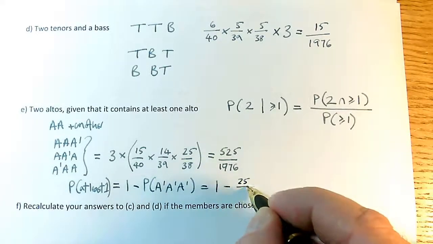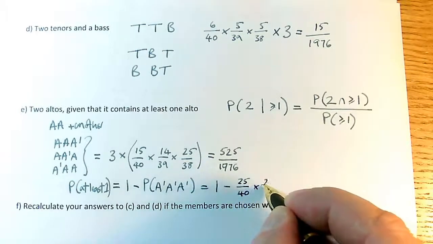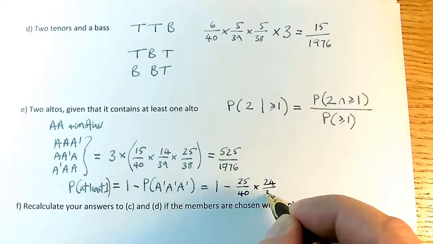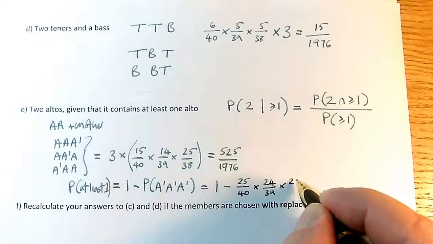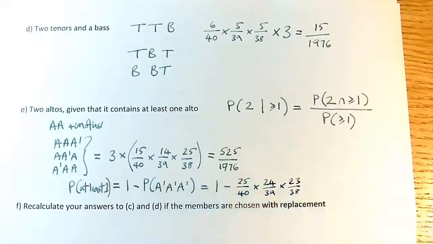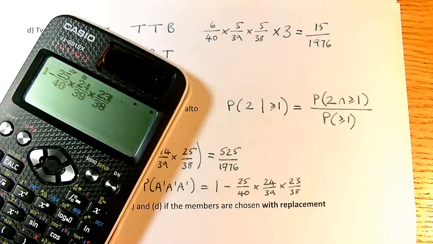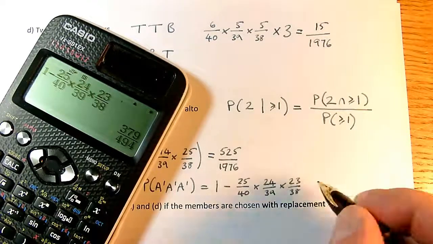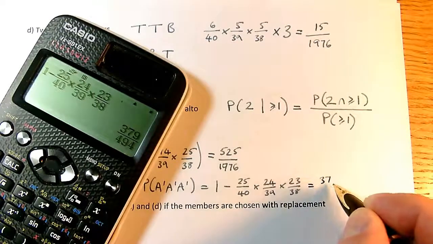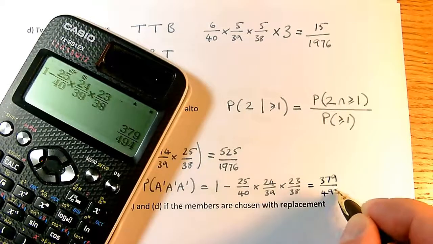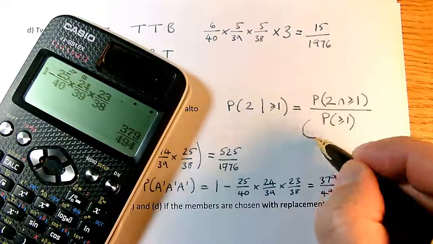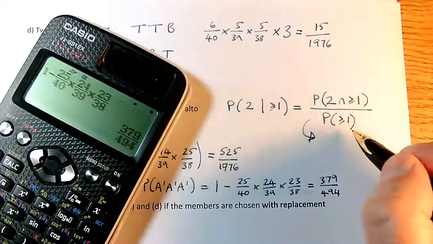First not alto is 25 40ths. Next one, there are 24 non-altos left out of 39, and then there are 23 out of 38. So do that calculation. There it is, and we've got 379 over 494.